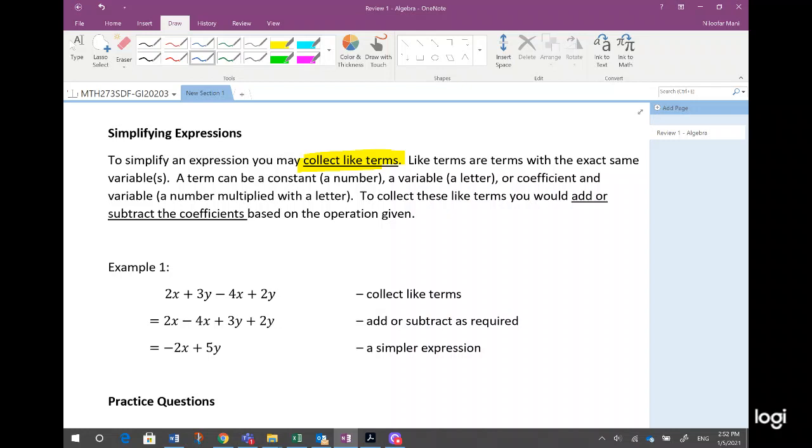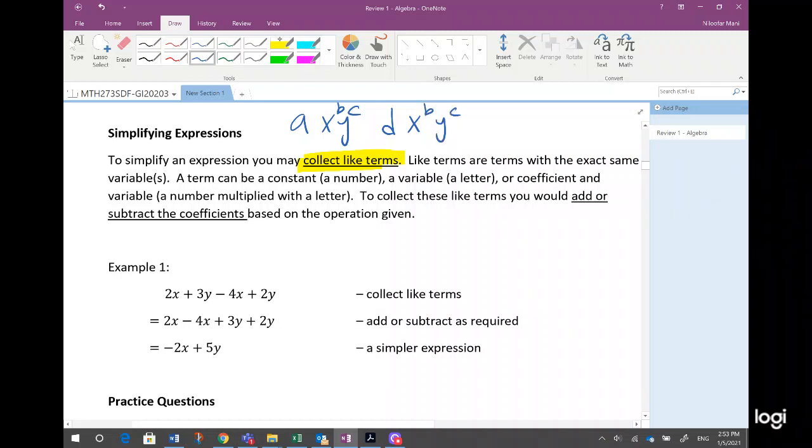For example, xy and x squared y squared, although they have the same variables, they are not like terms because one of them is x squared, one of them is just power 1. When I say like terms, means I should have a x power b y power c, and d x power b y power c.